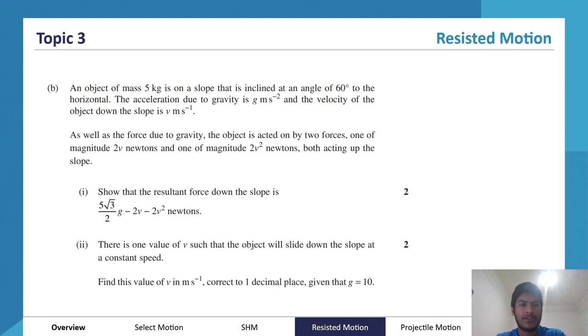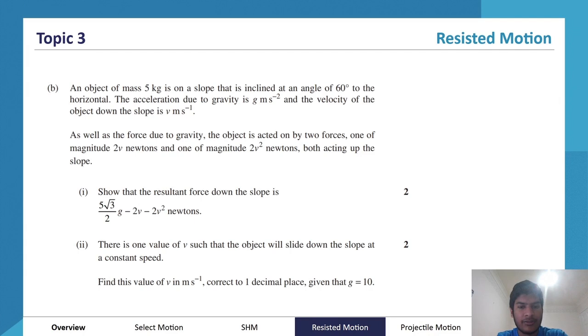It's an inclined plane question, not terribly difficult, but it is something that is actually required in the Extension 1 syllabus to be able to do. That is to resolve forces on an inclined plane. This one is just with the forces in with a resistance force as well. So you've got the gravity force pulling it down, and you've also got a resistance force. I encourage you to do this one in your own time as well.